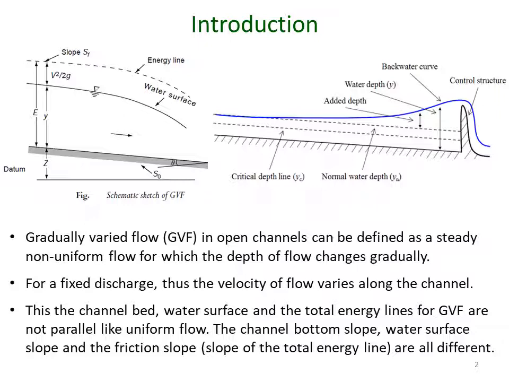You can also see a couple of lines, the critical depth line and the normal water depth, which we will discuss later in this lecture. So with this definition of gradually varied flow, let's try to derive a differential equation describing the flow.